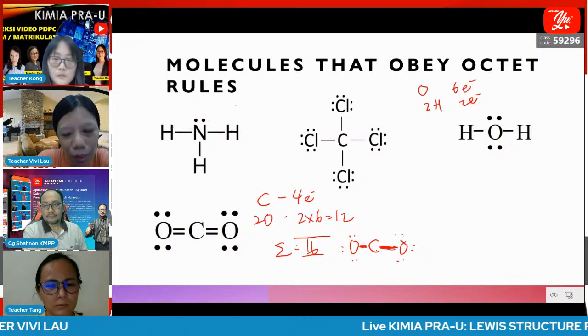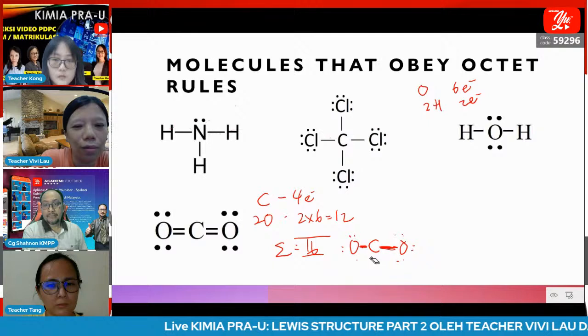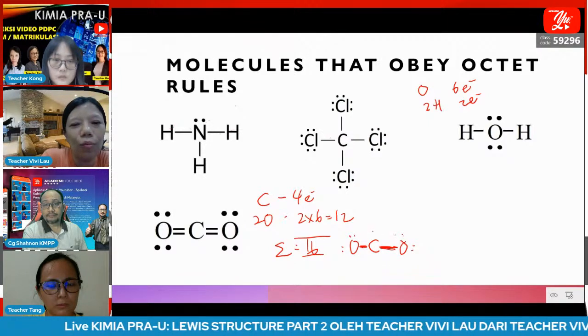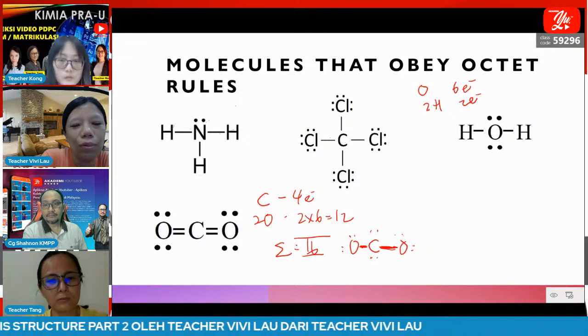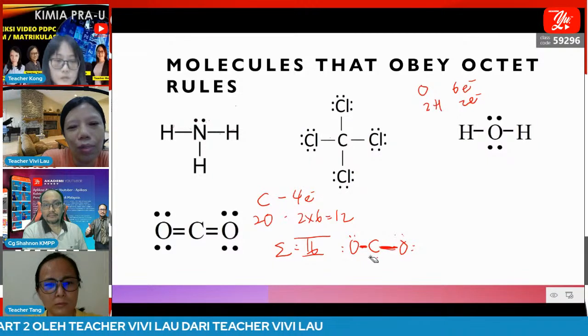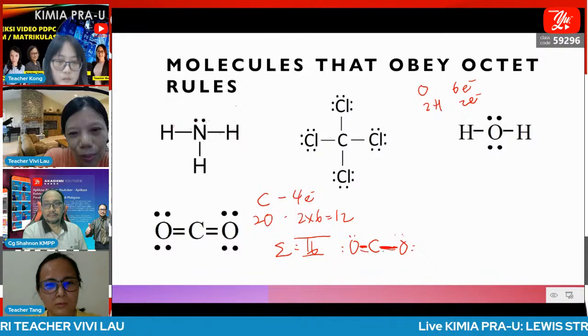Okay, but the carbon does not have an octet. So you must bring the lone pair electrons inside, so that they form a double bond with the carbon.